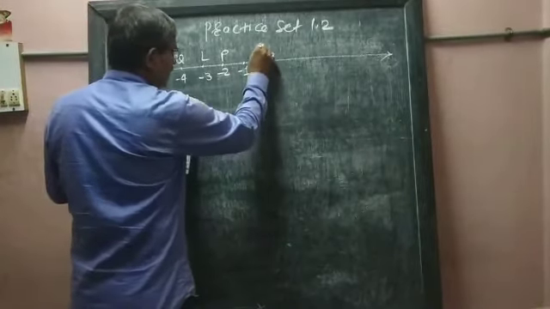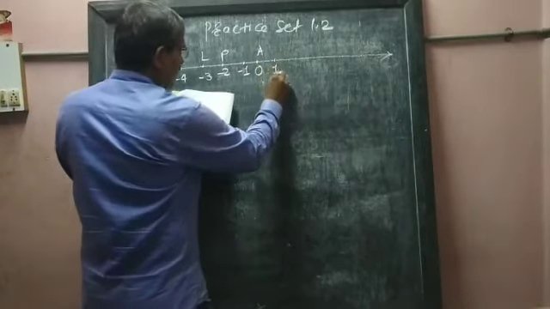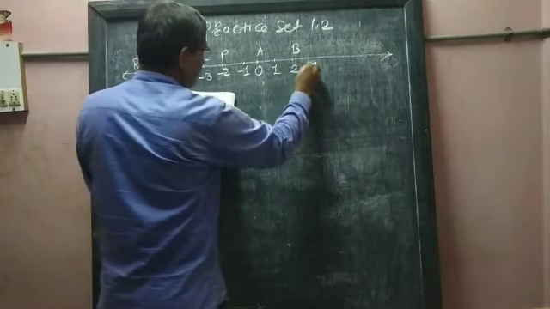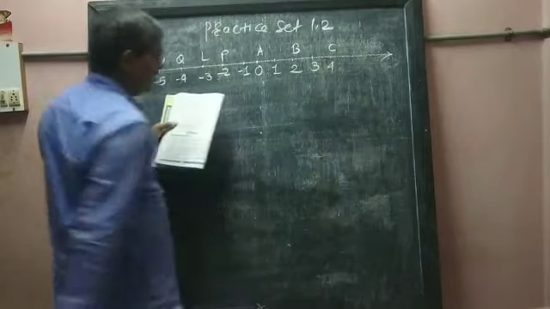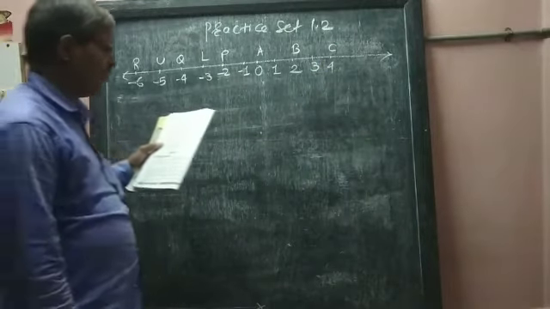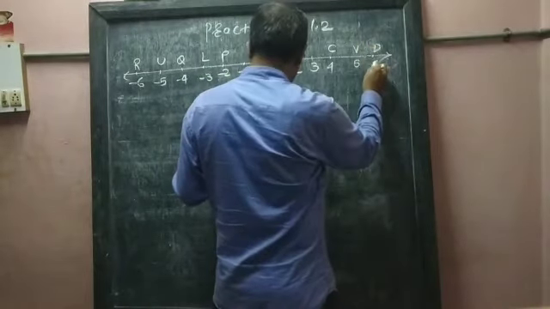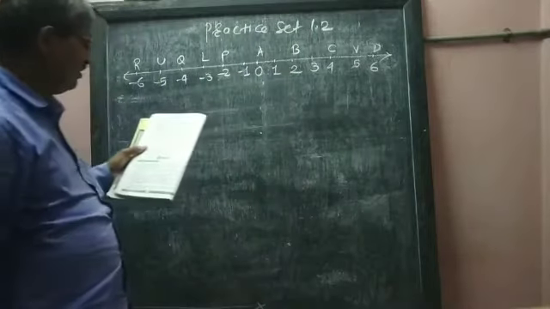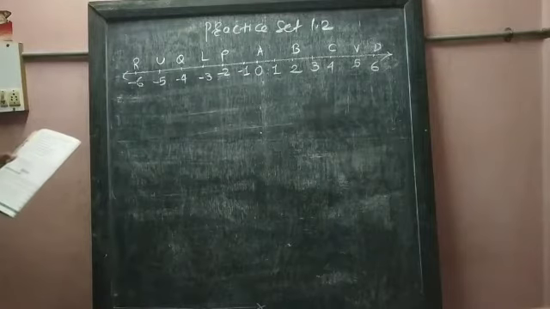Here A indicates 0, then 1 has no point but B means 2, 3's point is not given but 4 is the coordinate of C, and V means 5 and D means 6. So in this way there are different coordinates and points mentioned in figure 1.14.